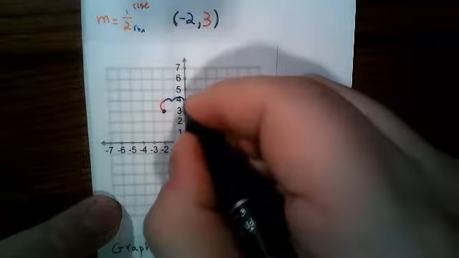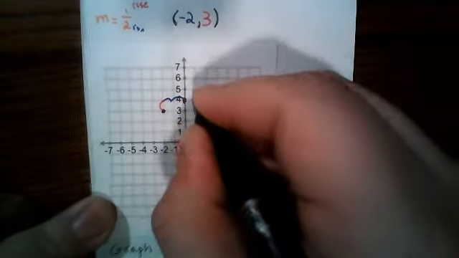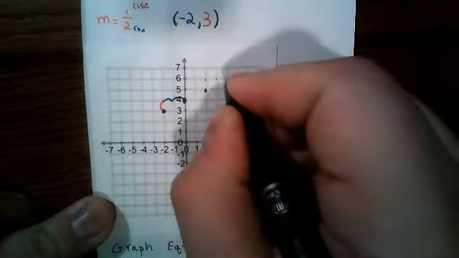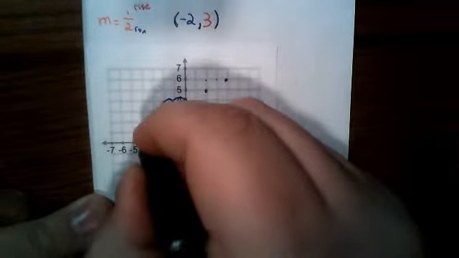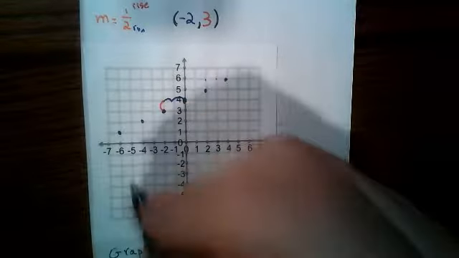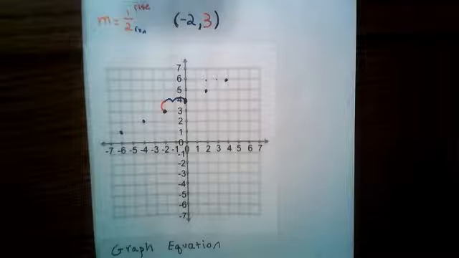So now I have those points. And I could keep going up 1 over 2, up 1 over 2. And I'd still make this line. Or down 1, left 2, down 1, left 2. And I'd still make that line.